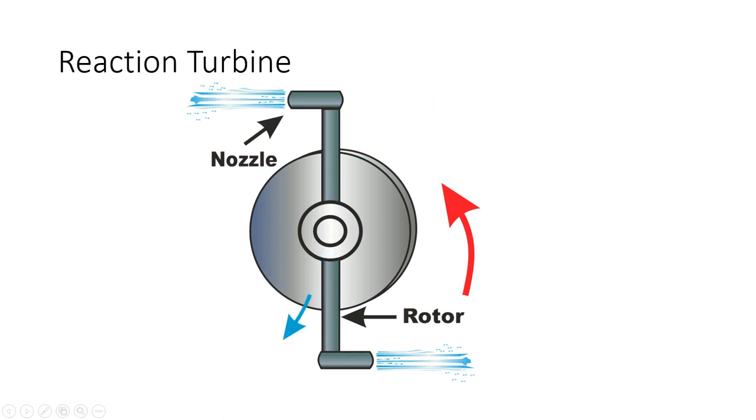That fluid is exiting out of the turbine in such a way that it will create 2 opposing forces, one in this direction and the other in this direction. Because of the fluid exiting, the reaction force will be in the opposite direction, thereby tending to rotate the turbine or the rotor in this direction.